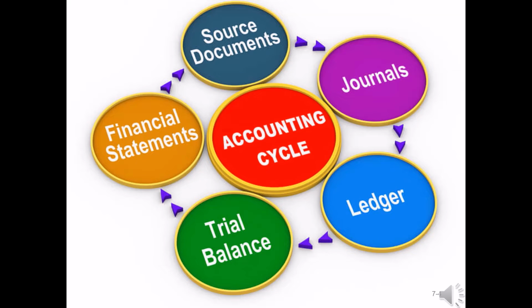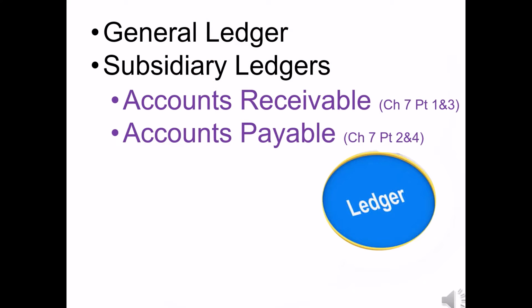The transactions, as they are entered into our journals, also need to be posted to our ledgers. We have learned about two kinds of ledgers. The general ledger, that is the book that has every single account in it for our business and all of the activity that has happened within that account and its balance.